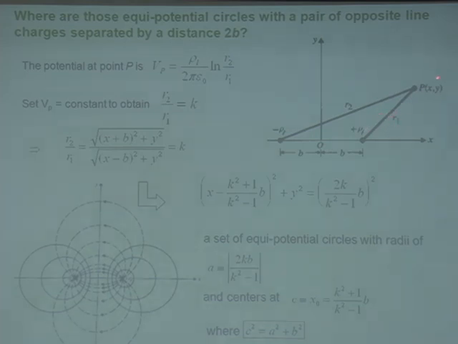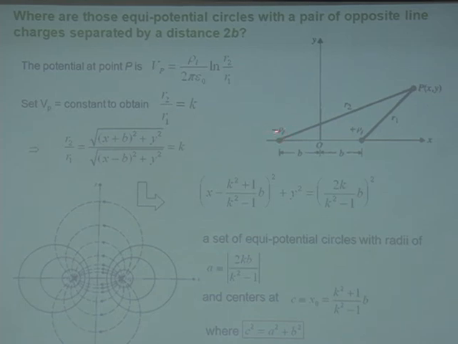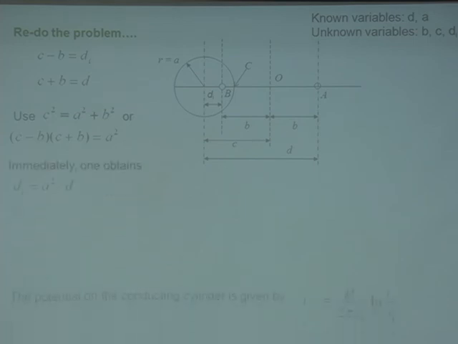R1 is the distance between the point of interest and the line charge with positive rho L. R2 is the distance between the point of interest and the line charge with minus rho L. OK，所以这个 R2 是这一点到这一点的距离，等于 A 减掉 Di.